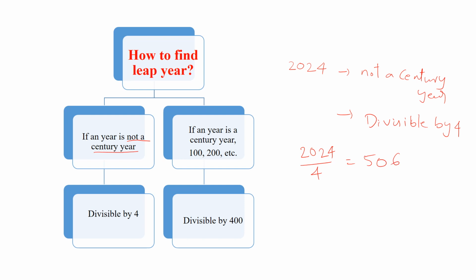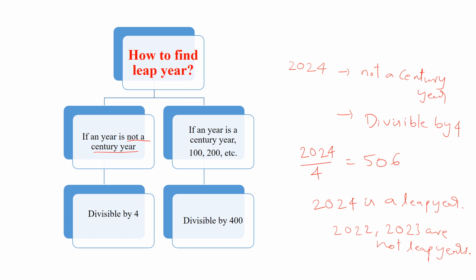Since it is not a century year and divisible by 4, 2024 is a leap year. Whereas 2022 and 2023 are not leap years since they are not divisible by 4.